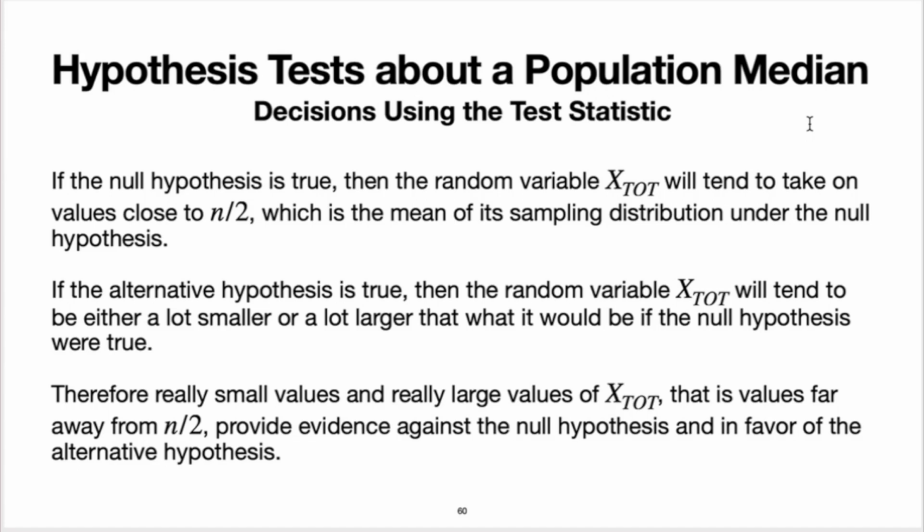And so what we're looking for as evidence against the null hypothesis are values of X_tot that are either really small or really large. In other words, values of X_tot that are far away from n over 2, the mean of its sampling distribution if the null hypothesis is true. Such values are going to provide evidence against the null hypothesis and in favor of the alternative hypothesis.